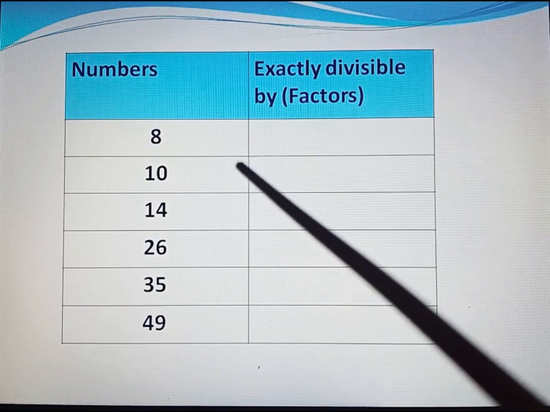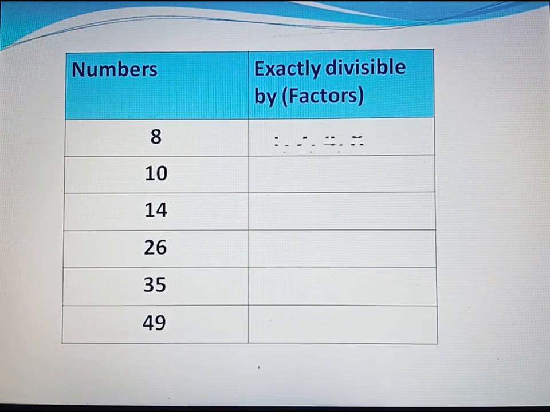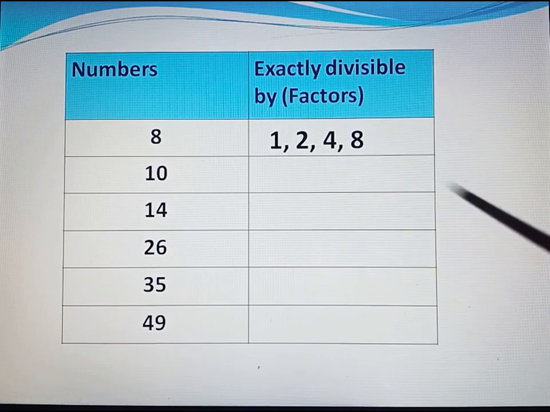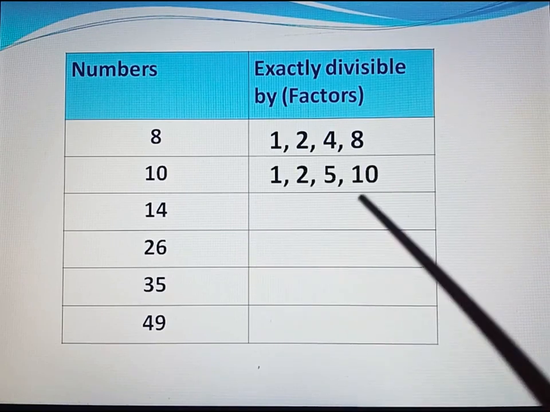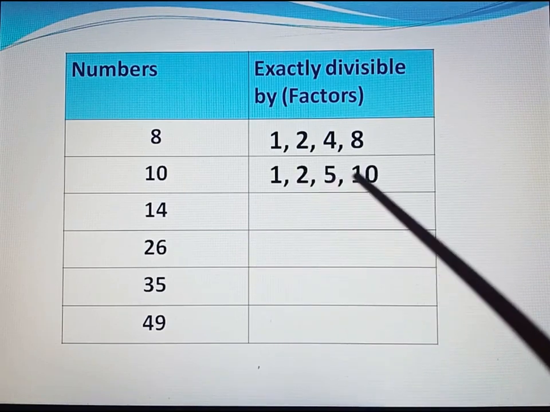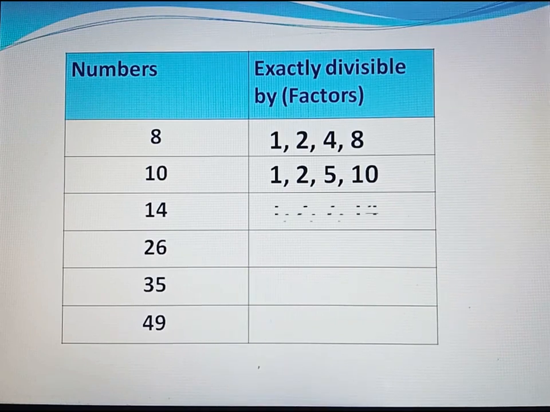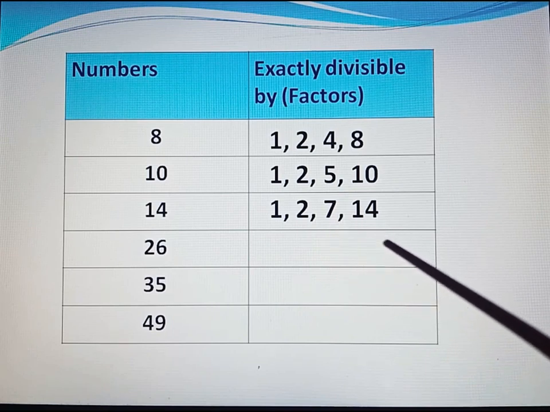Now next numbers. Factors of 8 are 1, 2, 4 and 8. Factors of 10. 1, 2, 5 and 10. Factors of 14 are 1, 2, 7 and 14.